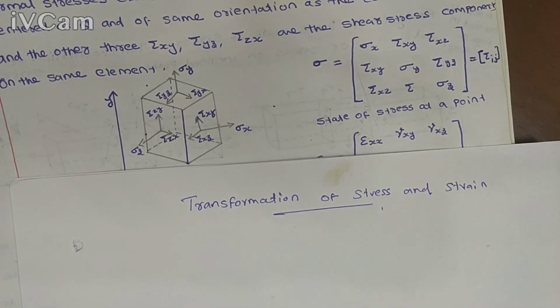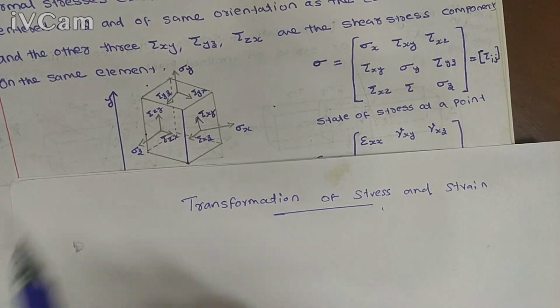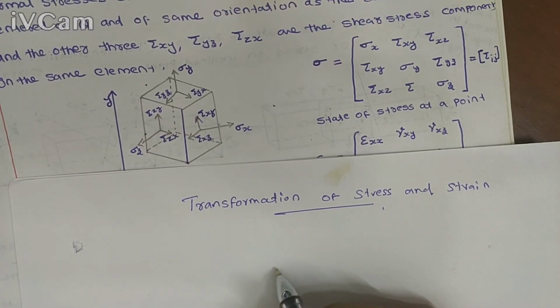So changing the reference plane to a different orientation leads to a change of the stress components. These 9 stress components change with respect to the change of reference planes acting along the reference axes. Here we are not changing the point.